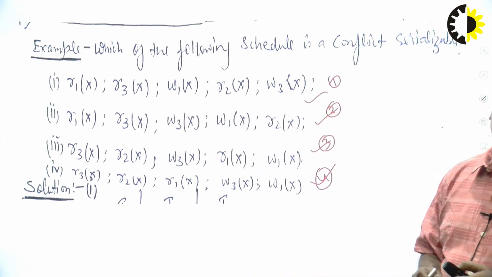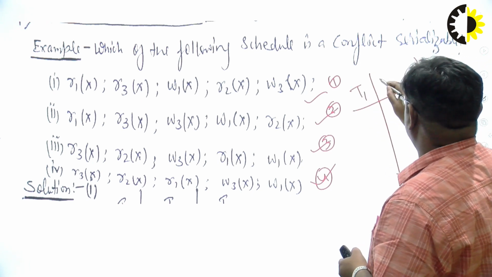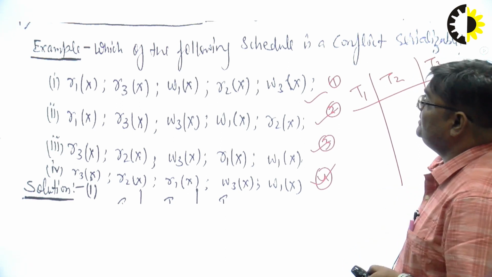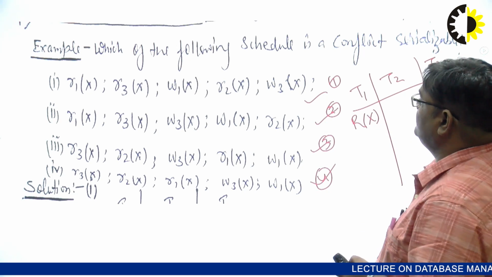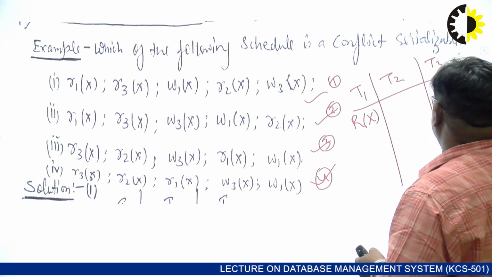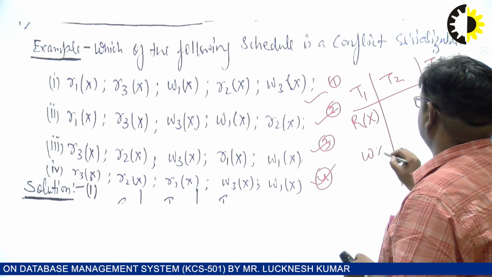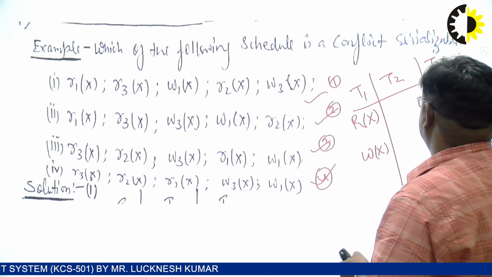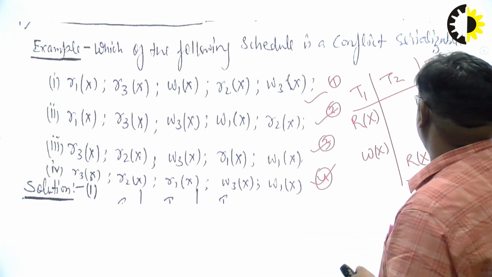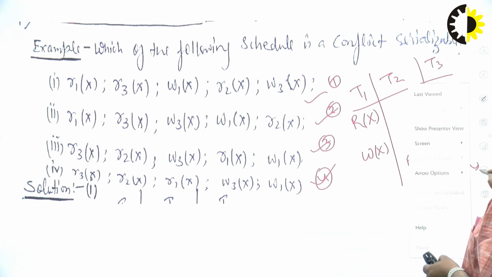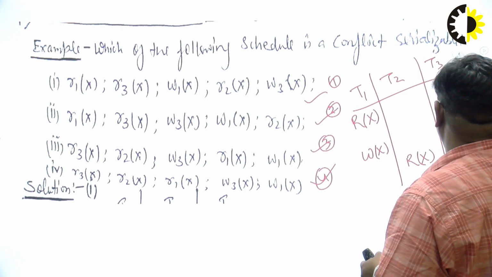We build T1, T2, T3, where R1 X is reading X, then R3 X is reading X, then it's writing X. Here it is reading X, and then it is writing X.